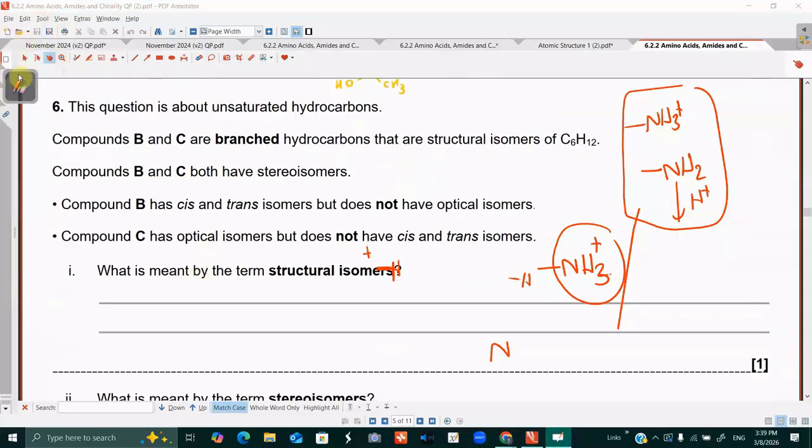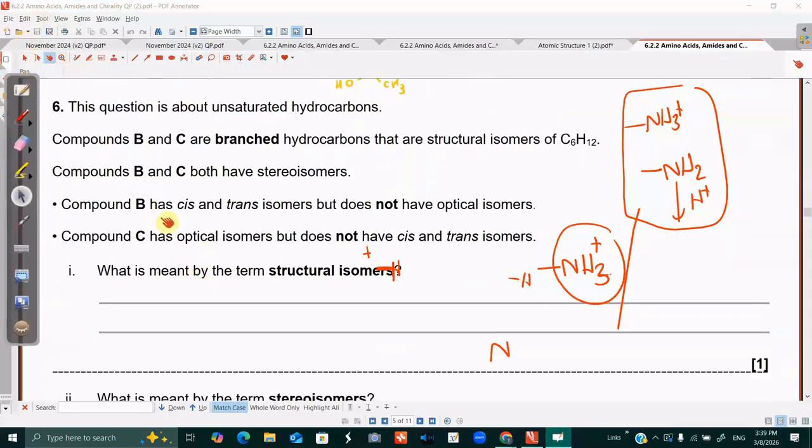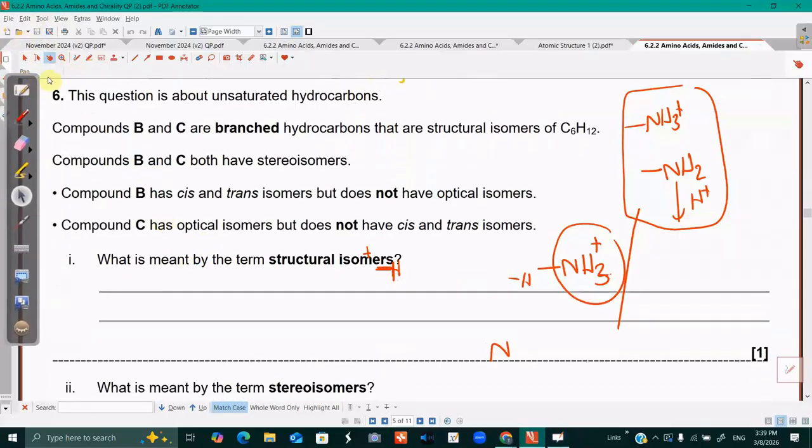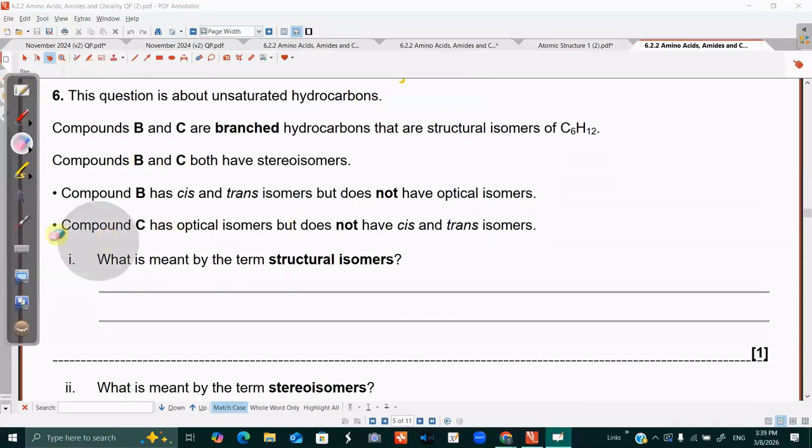Now the question is about unsaturated hydrocarbons. B and C are branched hydrocarbons that are structural isomers. C6 branched hydrocarbons.